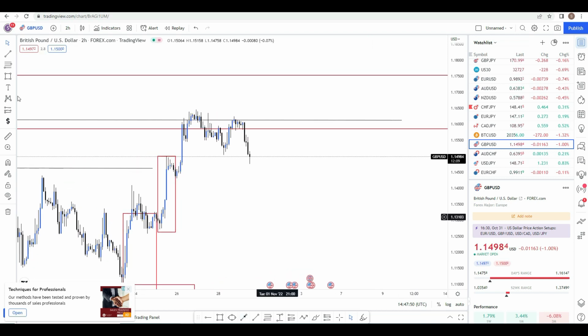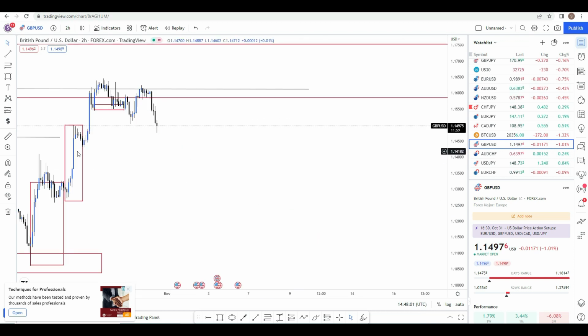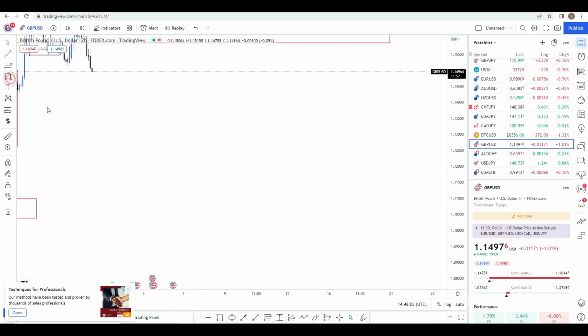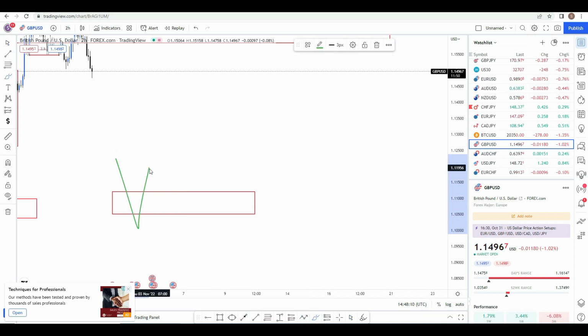So what we can see right here is we had this area, and what I can actually see on this area is we had this base area weakening. If you watched our previous video, we actually explained what is weakening base. This is when the market will keep hitting the same supply zone or demand zone many times.